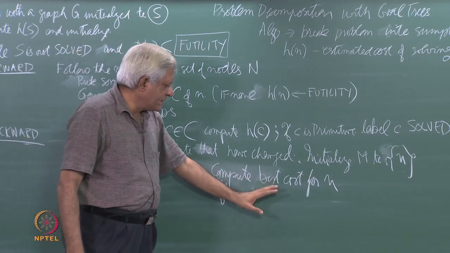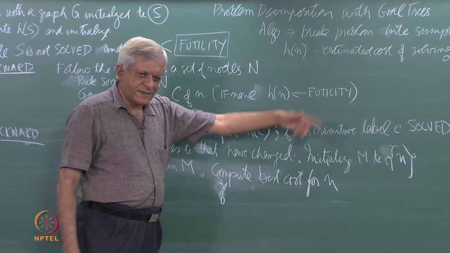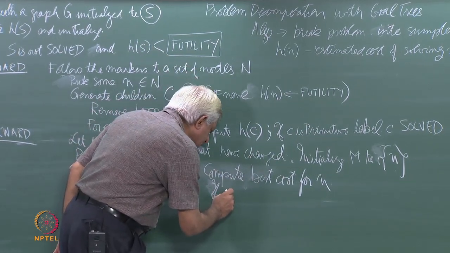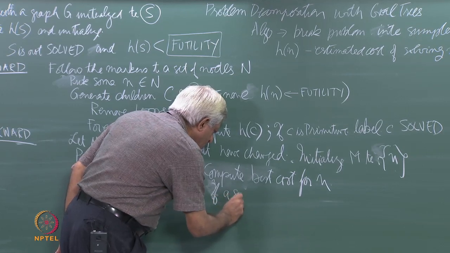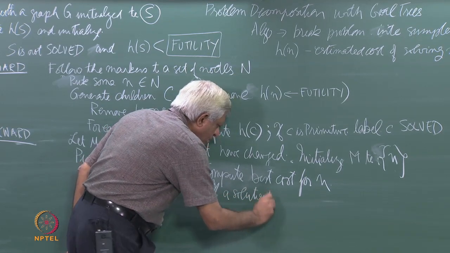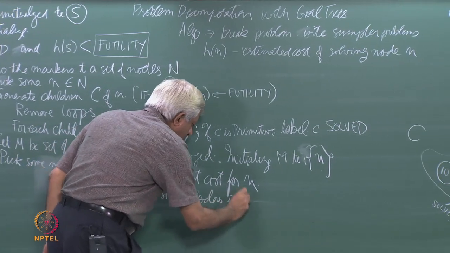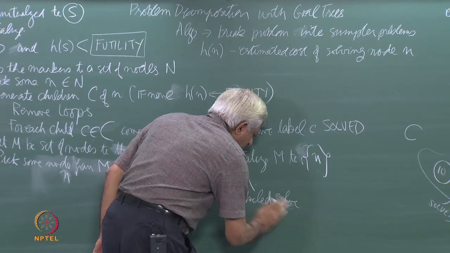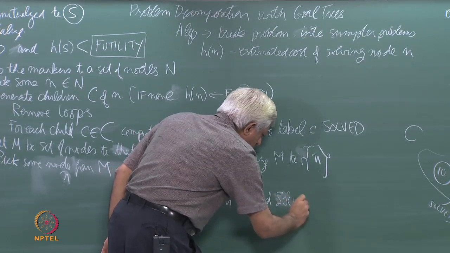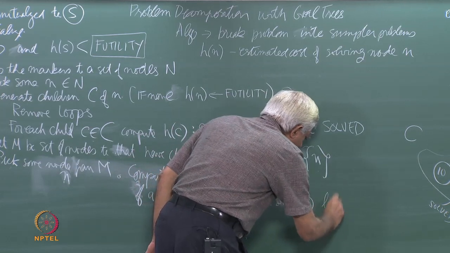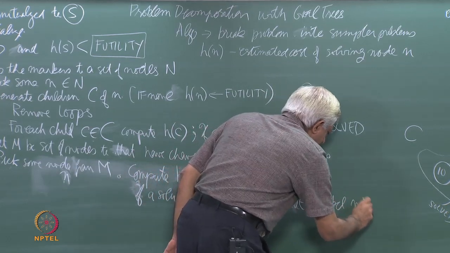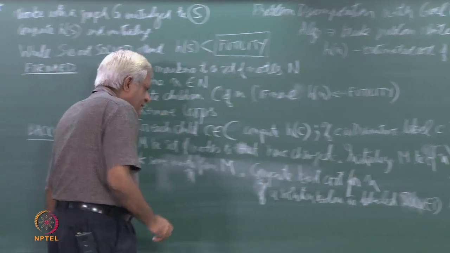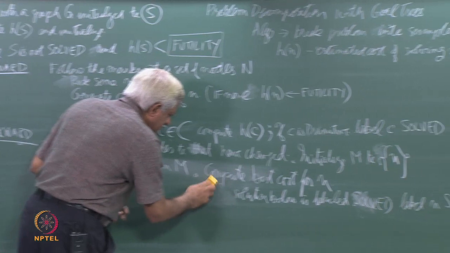Compute the best cost for n which has changed if a solution below is labeled solved, label n solved, where I should not say a solution, if the best solution.